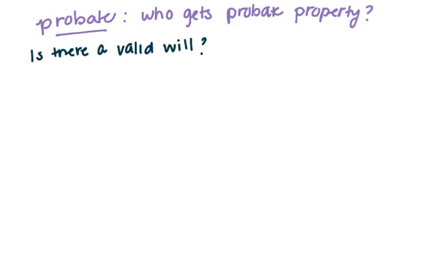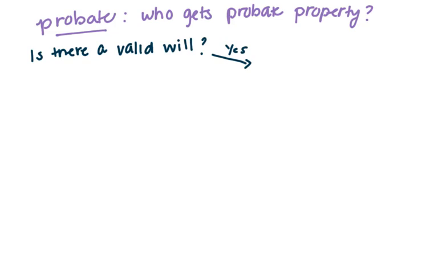You might remember from one of our previous lectures that courts will try to honor the decedent's testamentary freedom. So the first thing a probate court will do is look to see if there is a valid will. If there is a valid will, and that will mentions what the decedent wants to do with that particular property, then the property will go to the person that's named in the will. So again, this is a two-step process.